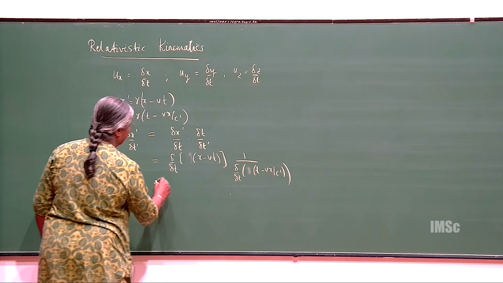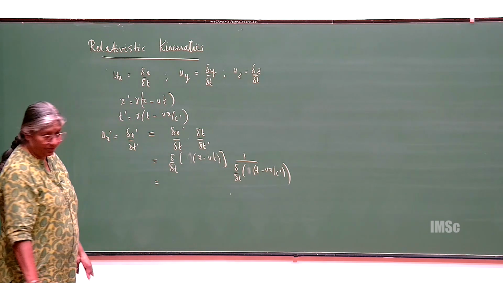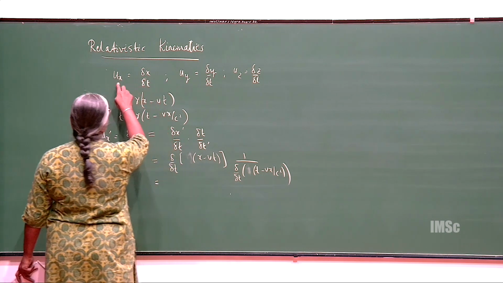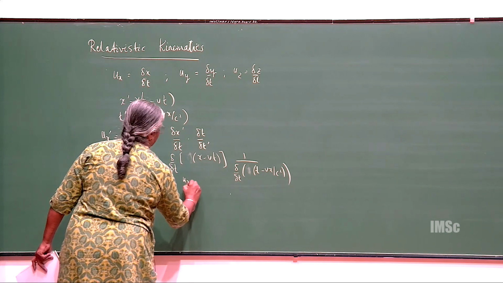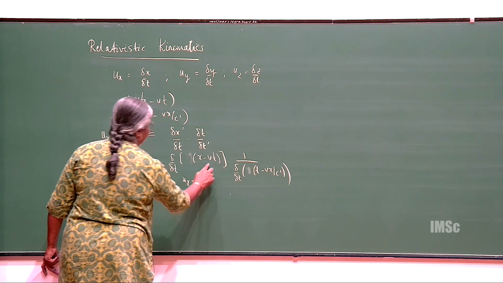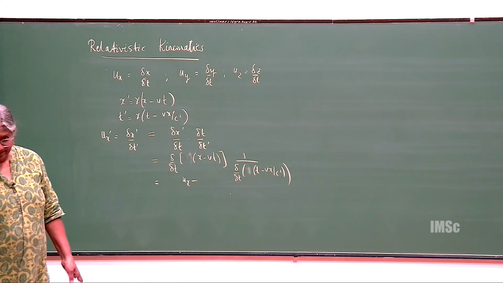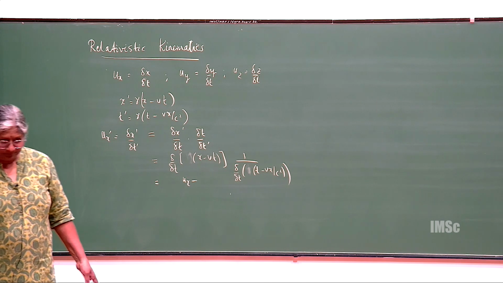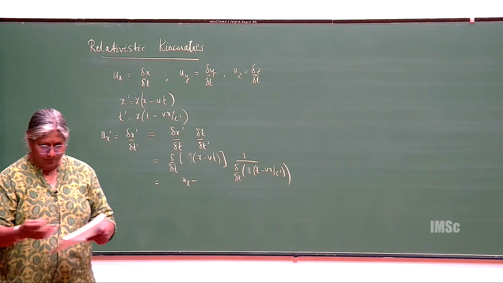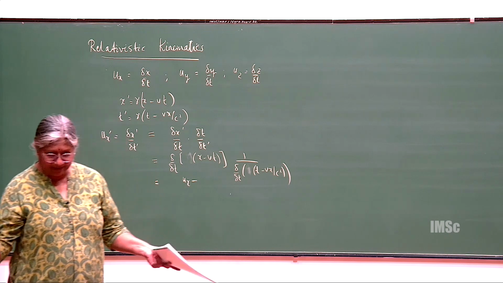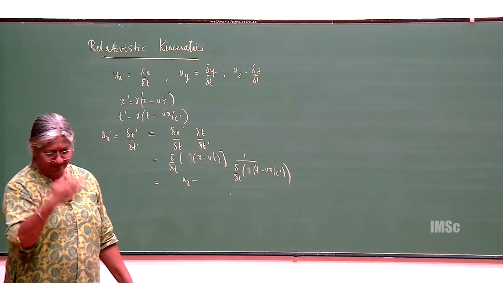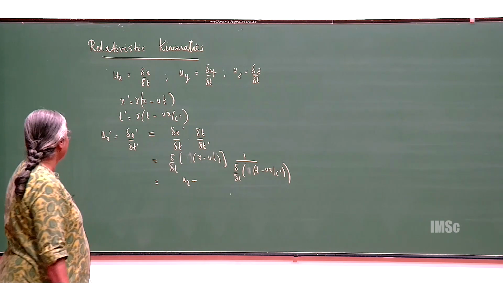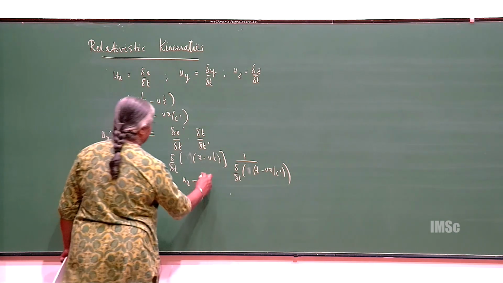So I only have, what is delta x by delta t? Delta x by delta t is ux. Is v a constant or is it a function of time? Yeah, it's a constant. It's the boost between the two frames sigma and sigma prime. They coincide at t equal to t prime equal to 0, and so on. So v is just a constant.